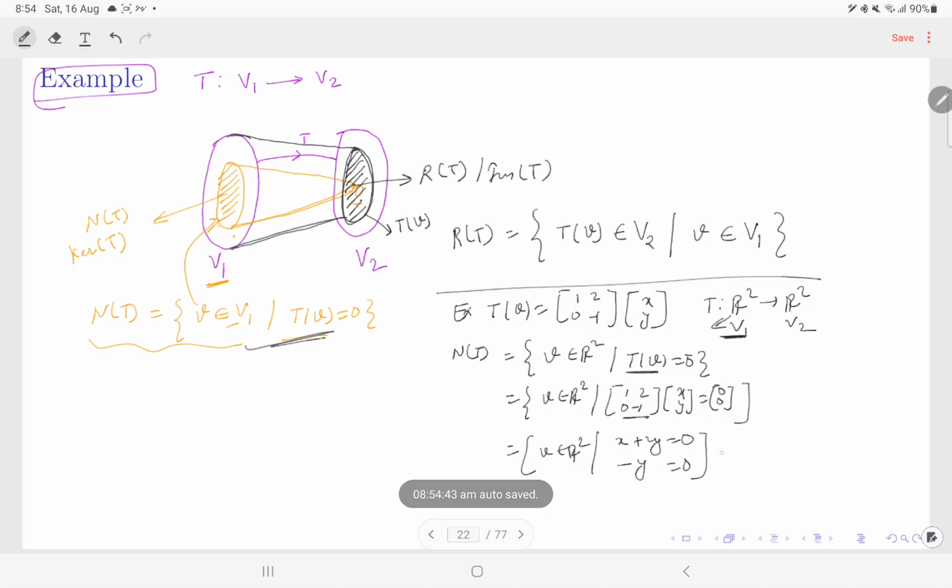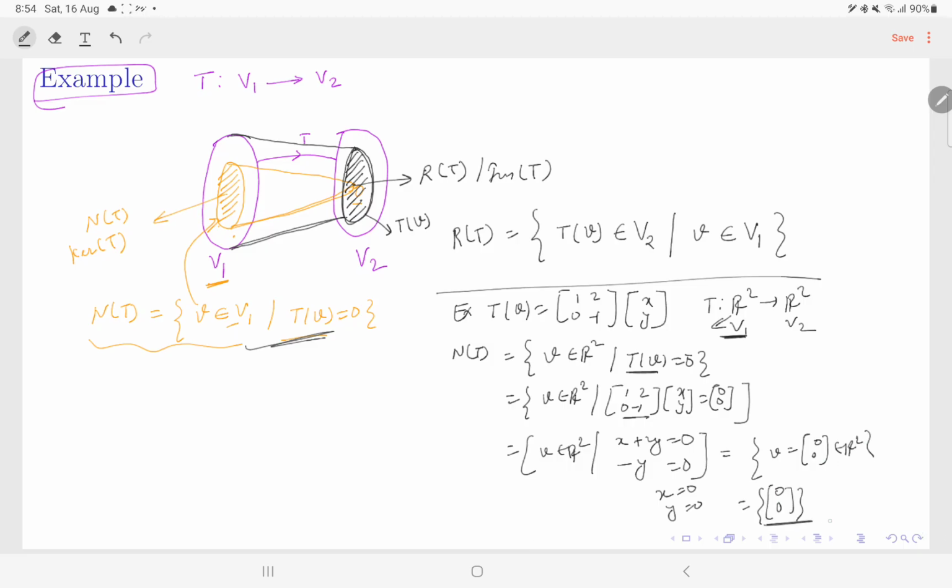That implies x is equal to 0, y is equal to 0. That means this set will be (0, 0) in R2. This is your null space for this transformation. Now as this is a trivial set, that means the number of pieces is 0. That means the dimension of null of T is equal to 0 in this case.